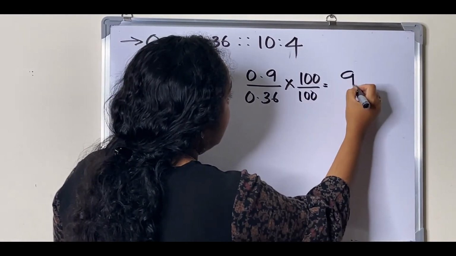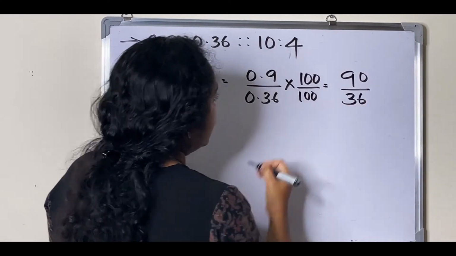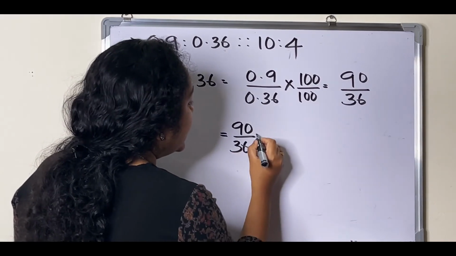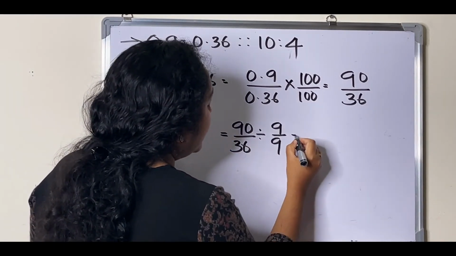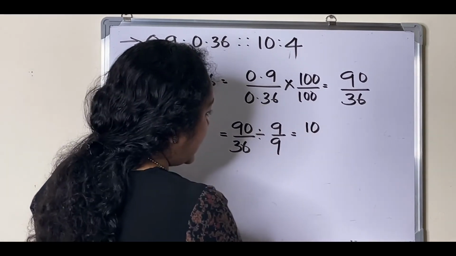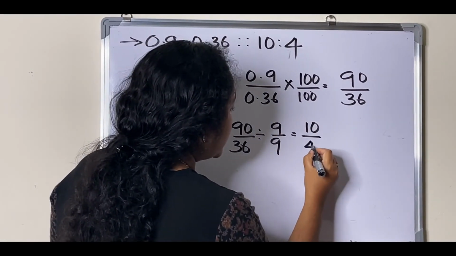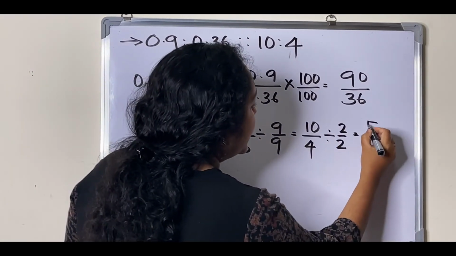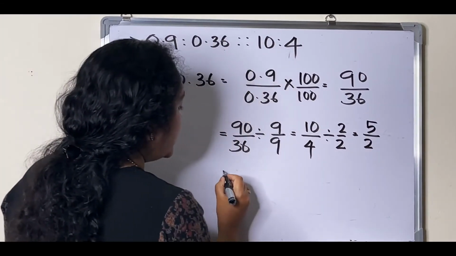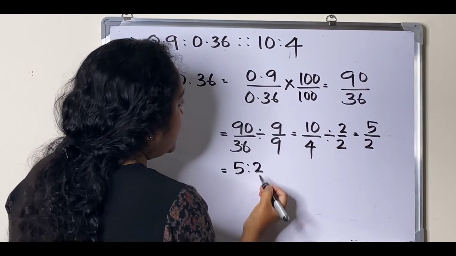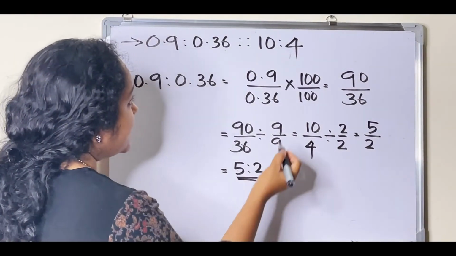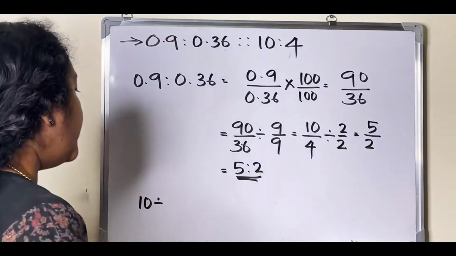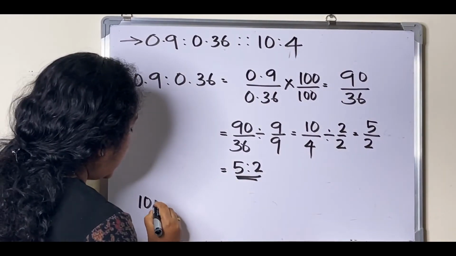We get 90 by 36. Then 90 by 36 is divided by both 9. We get 10 nines are 90, 4 nines are 36. Again divided by 2. We get 5 twos are 10, 2 twos are 4. So the ratio is 5:2. And the next ratio is 10:4.